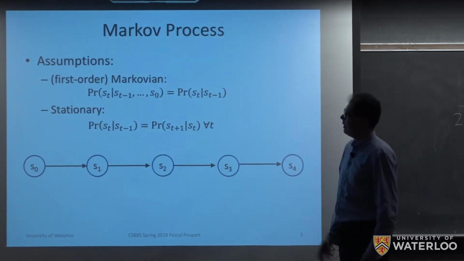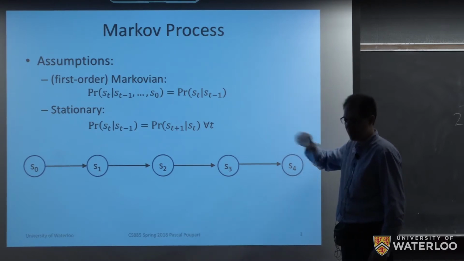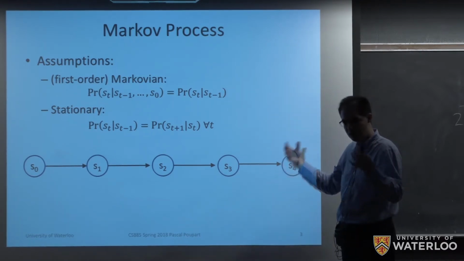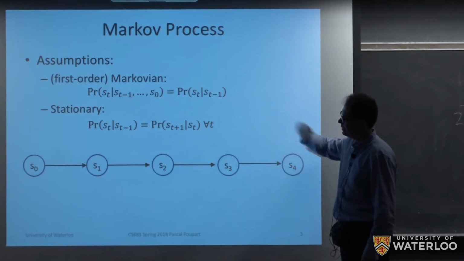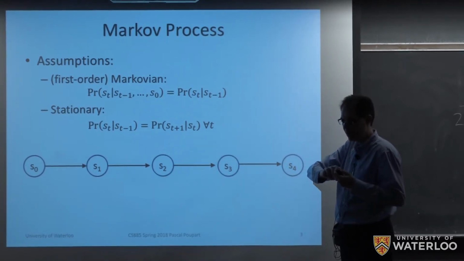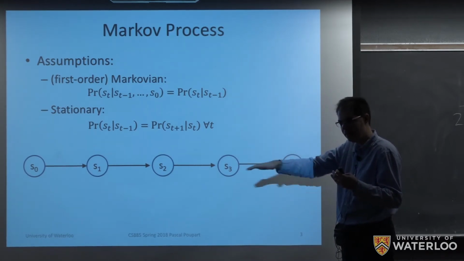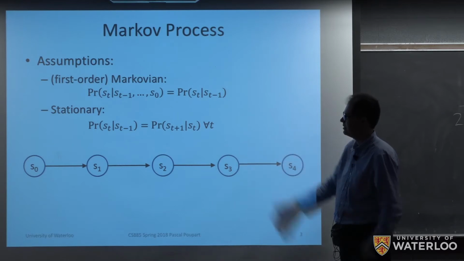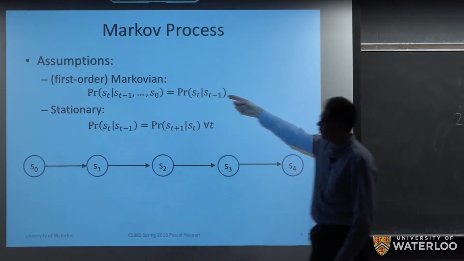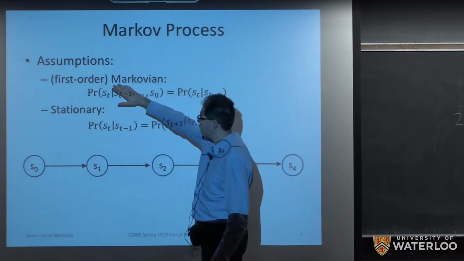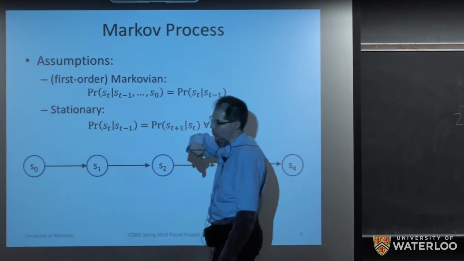Okay, so let's go back to Markov processes. If you recall, when we started the course, the first topic that we discussed was this idea that whenever we've got some environment, perhaps we can model how its state evolves over time through a stochastic process. And then here we made two assumptions. The first assumption is that the process is Markovian, and here we really meant first order Markovian.